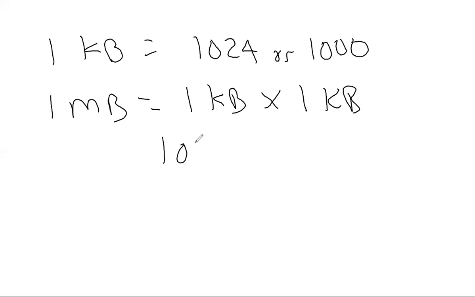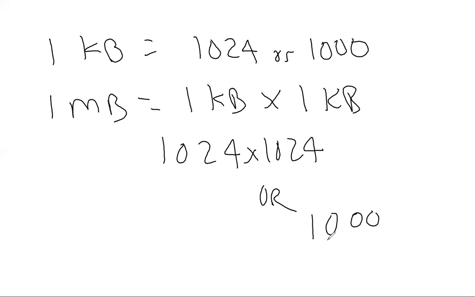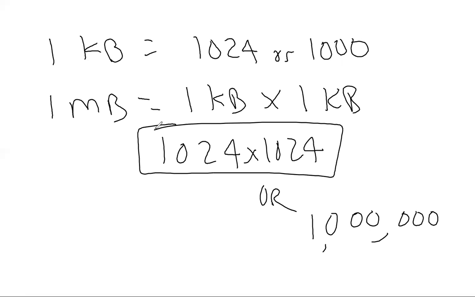Which could be either 1,024 times 1,024 or 1 million, which is 1,000 times 1,000. Clearly, if you're trying to be precise, dealing with a round number like a million is easier. However, remember, computers deal with powers of 2. So this number is a much more natural value for a computer to deal with than this number.